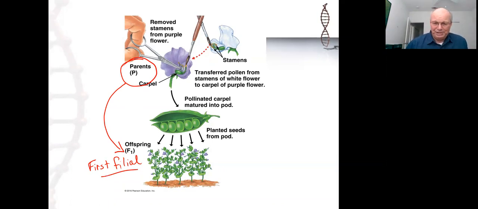Now, Mendel was smart enough to realize that he couldn't just stop there. The geneticists of Mendel's day did stop there. They would take their parental plants, or their parental generation, whatever organisms they were working with, let's say plants for the sake of argument, and they would breed those together and get their offspring, and they would analyze the offspring and reach conclusions on the basis of that.